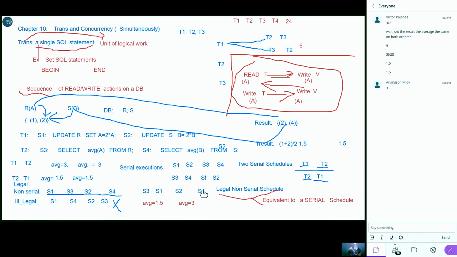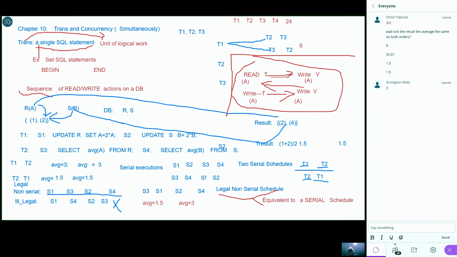Now I could change this and still make it a legal schedule. Let me show you, and the answer will be different. So if I take this, I go with S1, then I go with S3, and S4, then S2.